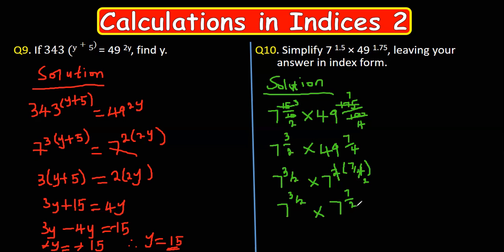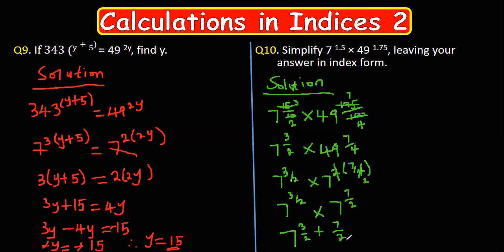The work is now done, because it is very easy to find the final answer. According to the multiplication law of indices, we are going to add the indices, since the bases are the same, they have a common base, 7. So we have 3 over 2 plus 7 over 2.